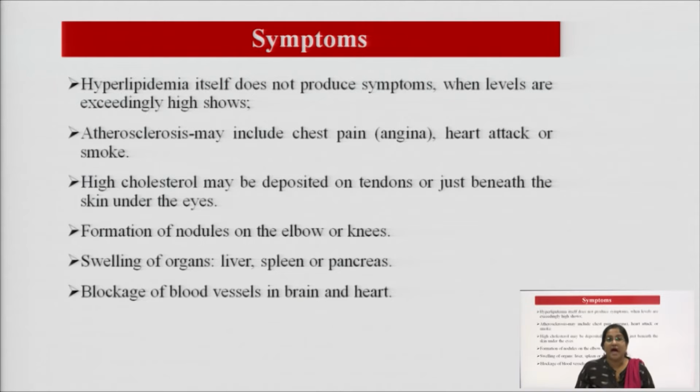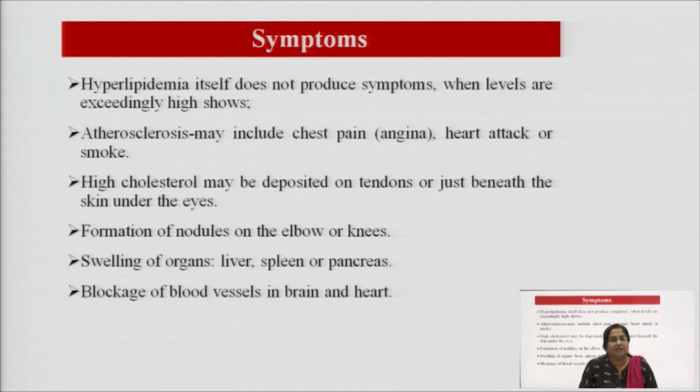What are the symptoms? How can one get to know that the person is affected? Hyperlipidemia itself does not produce any symptoms, but the level of lipid is so high that the person shows other related problems like atherosclerosis.